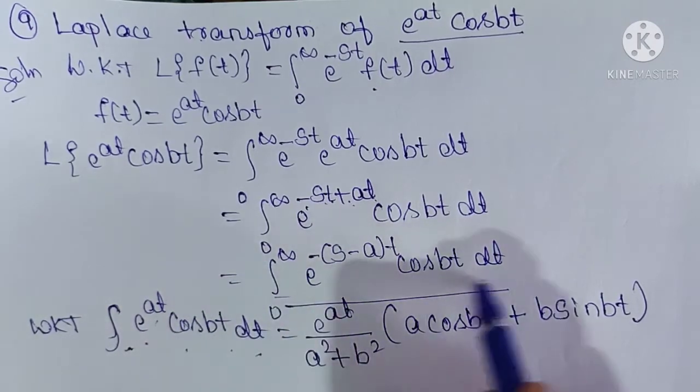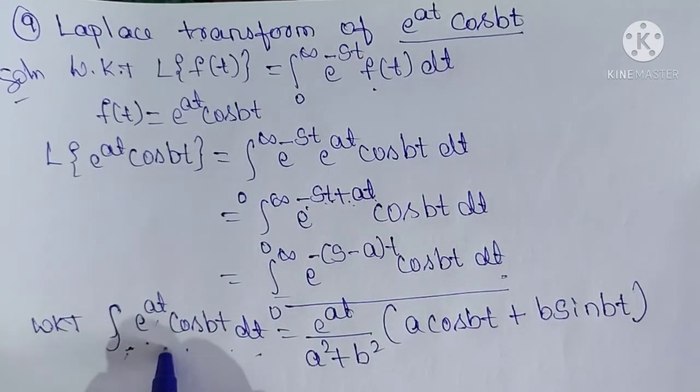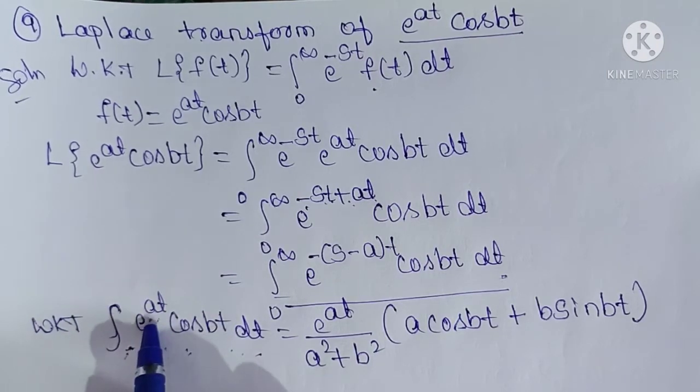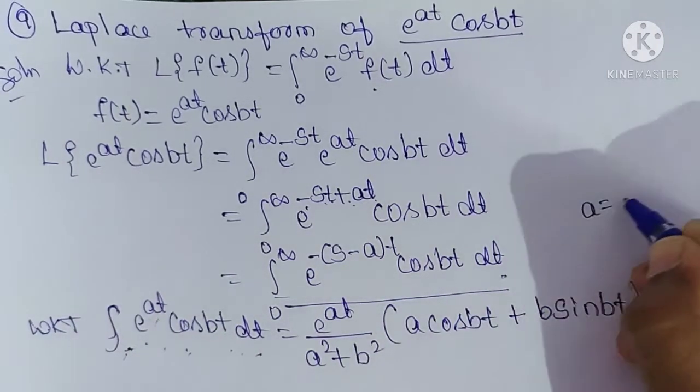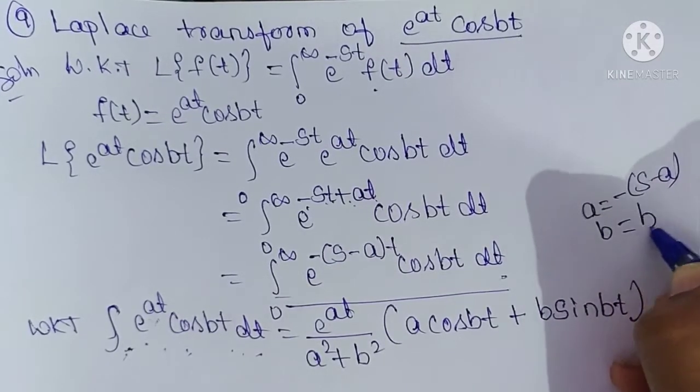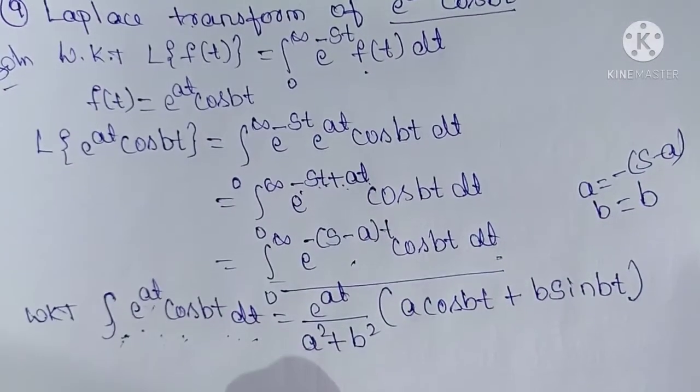Now this integral term is of the form integral of e power at into cos bt dt. Here in place of a we have minus (s minus a), in place of b only b. Now apply this condition to this.